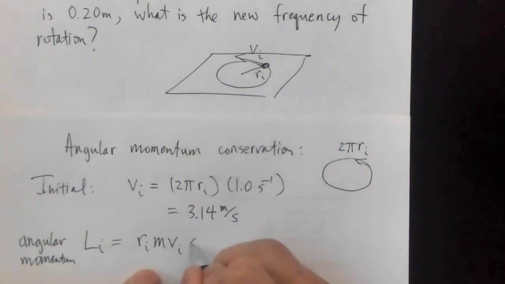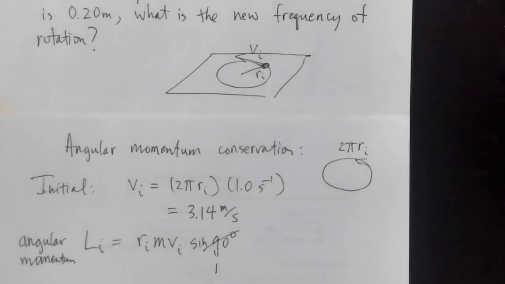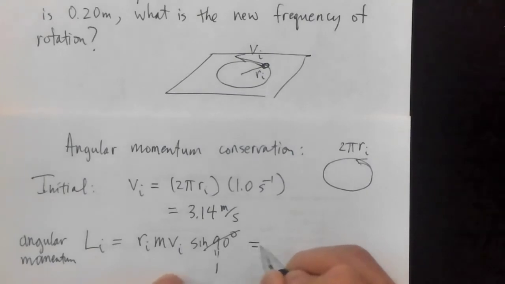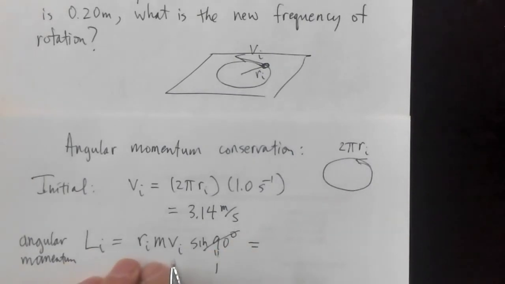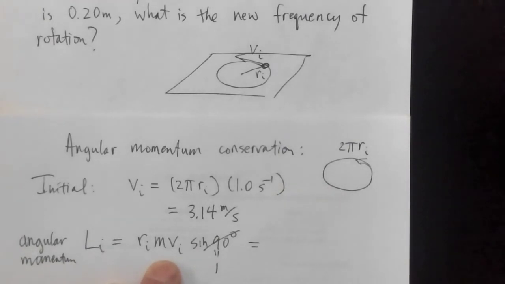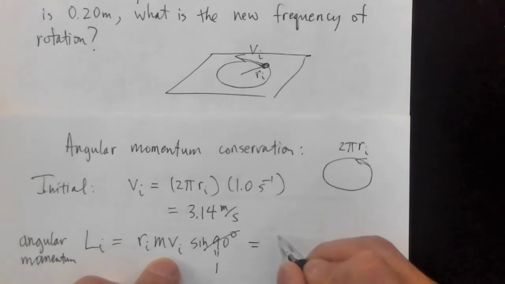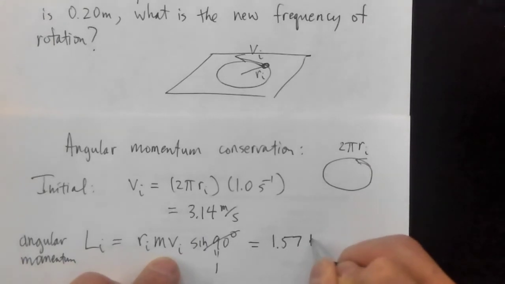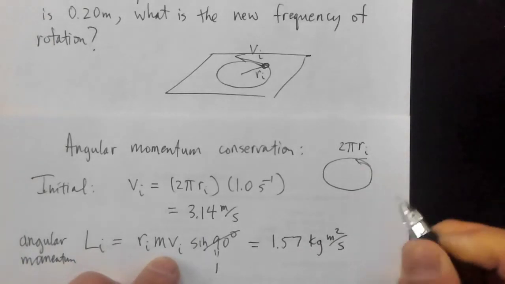So there, I can put in a sine of 90 degrees, but that just equals 1. So I have r times m times v. I plug in the numbers. Since I'm running out of time, I won't do all the details. r was 0.5, m times v gives me 3.14 times 1.0 for the mass. And so I get 1.57 kilogram meters squared per second.